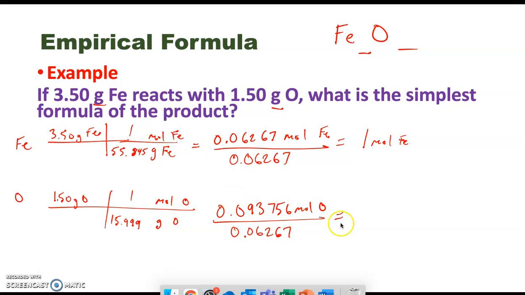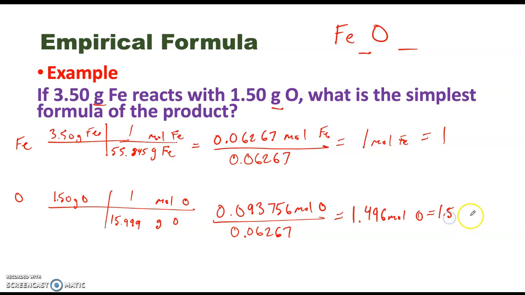And what I end up getting for an answer on that is 1.496 moles of oxygen. So this will round to 1.5. And again, I can't put a 1 and a 1.5 in here. I've got to get them to whole number ratios.